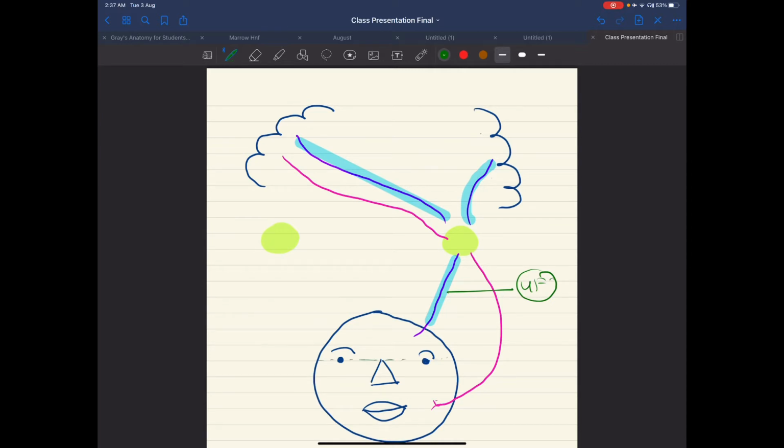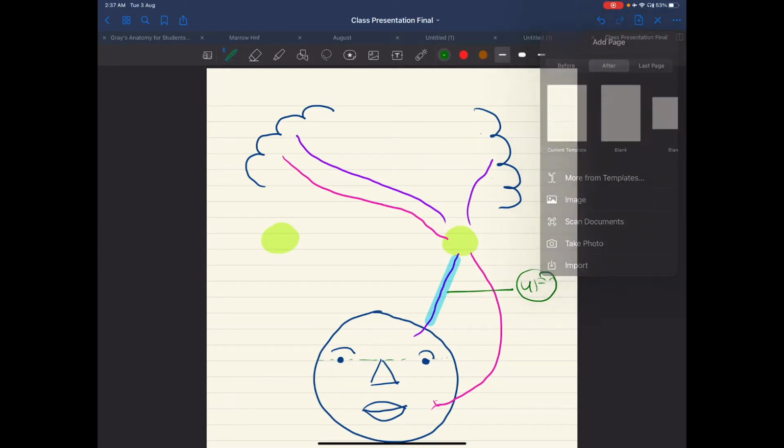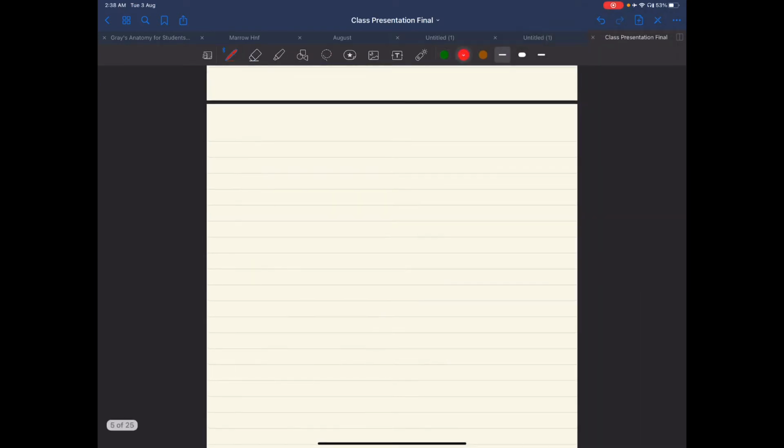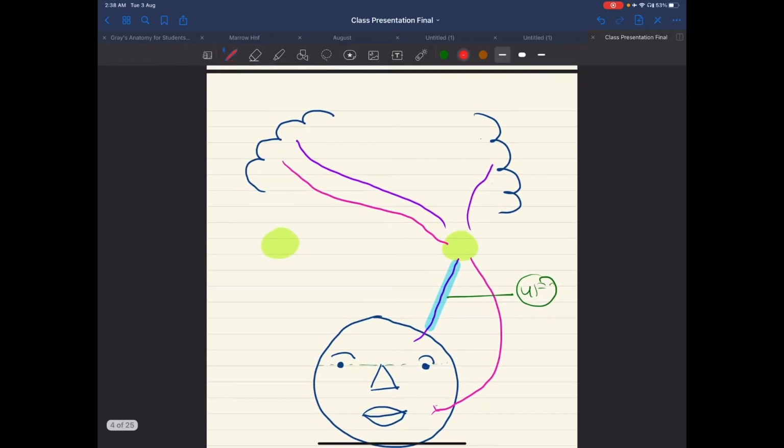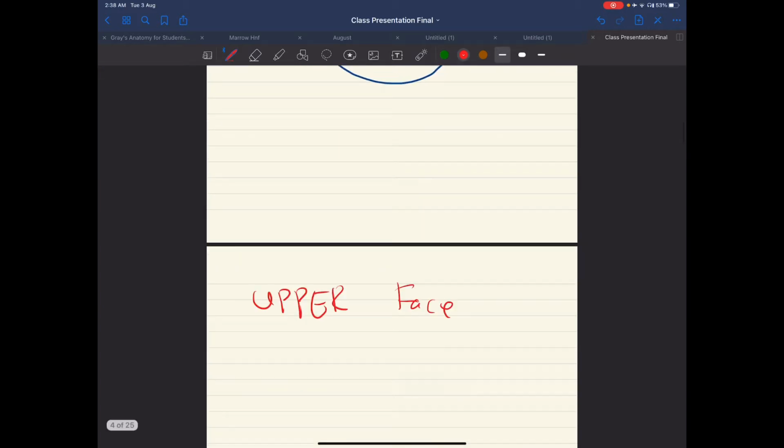Everything above the upper eyelid, and the upper eyelid. All the musculature will be supplied by this part of the facial nerve. Now, where are the corticobulbar fibers for this coming from? If you look carefully, for the upper part of the face, the corticobulbar fibers are coming from both the ipsilateral and the contralateral cortex.